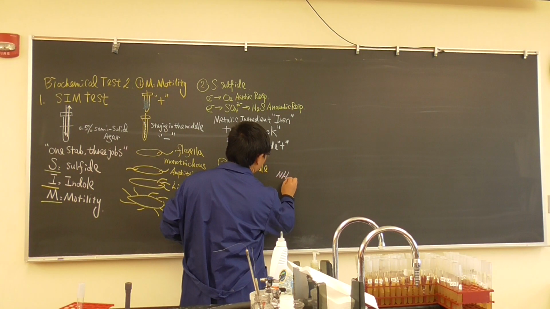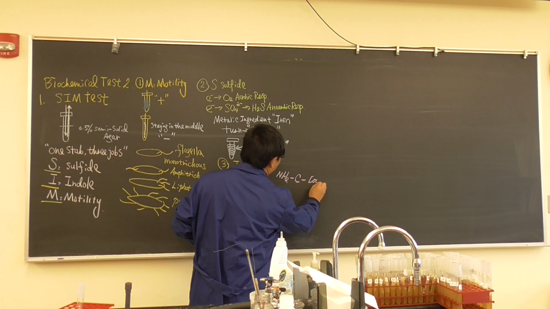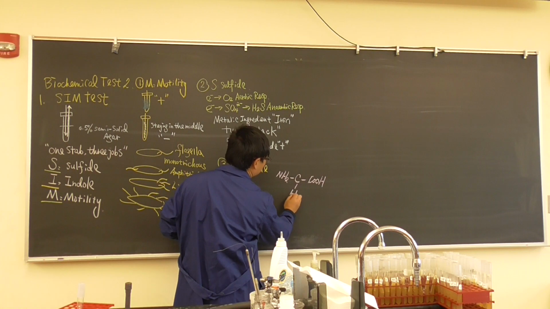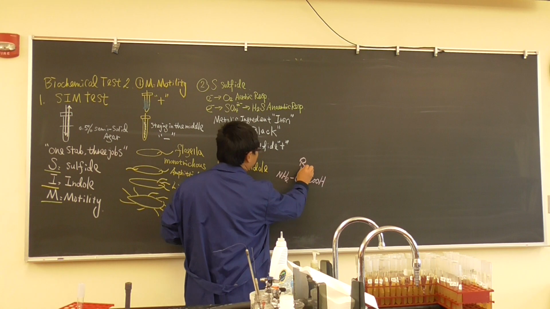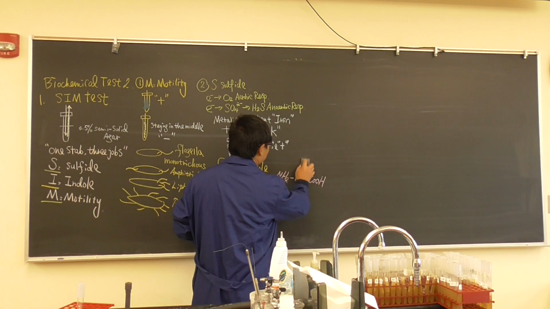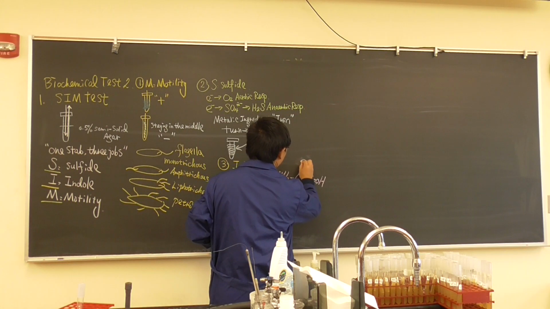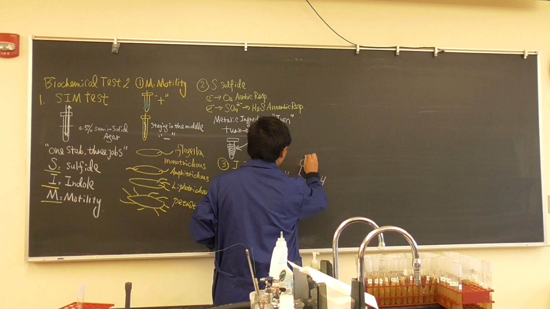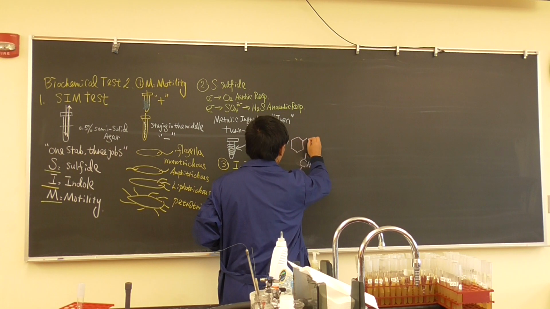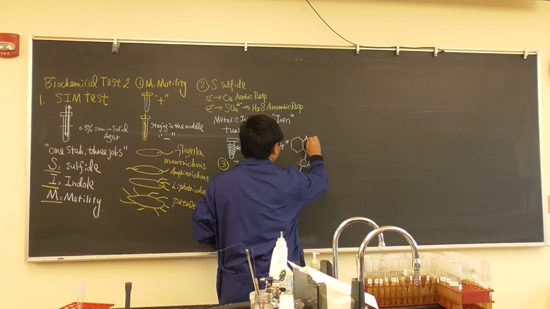Amino acid is always NH2, CH, COOH, carboxyl group, amino group, H, and the side chain is different. Okay, here the side chain is very special. What is that? It is CH2 going on top, like this. Then you have NH.